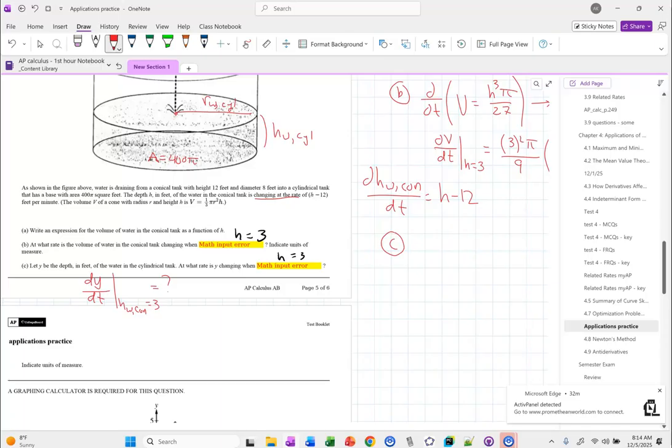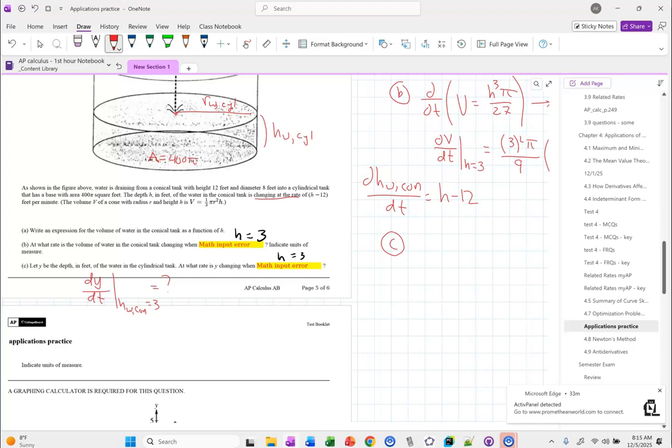So, what equation are we going to use here to start with? Let's start with some equation. What shape is y part of? A cylinder, right?